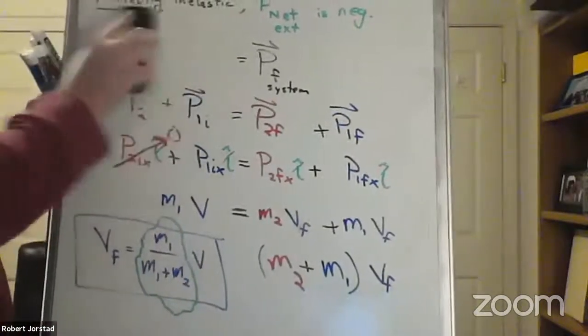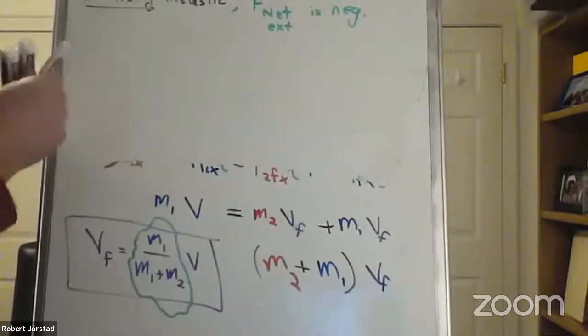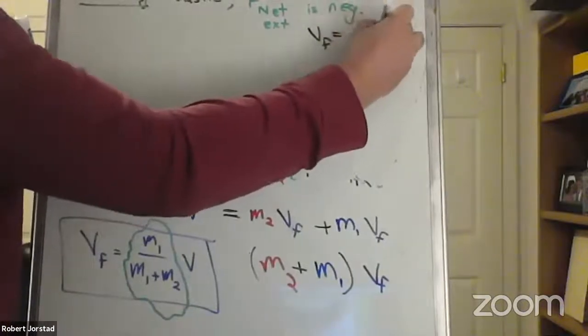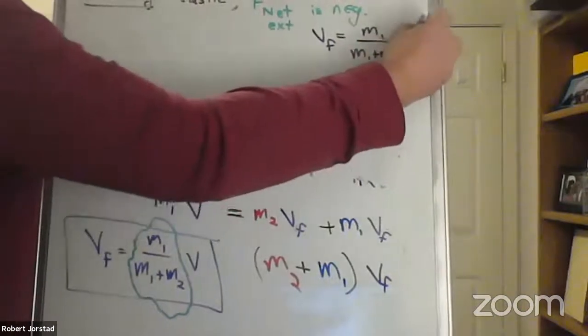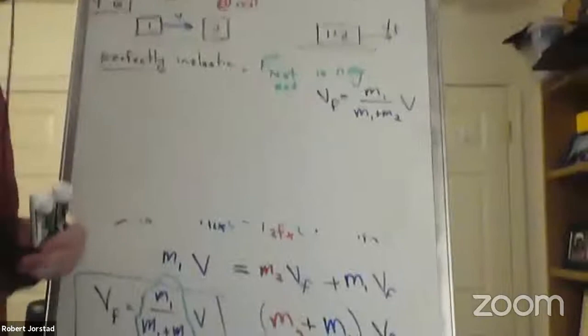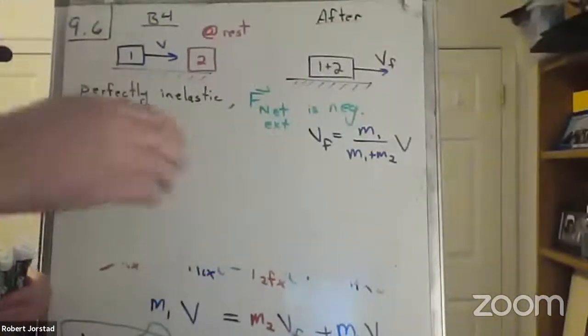So we've got it up at the top. Just summarizing this result, we found V final, this is looking good, M1 over M1 plus M2 times V. We could actually check something else up here. Does this seem reasonable to you? Does this make sense?